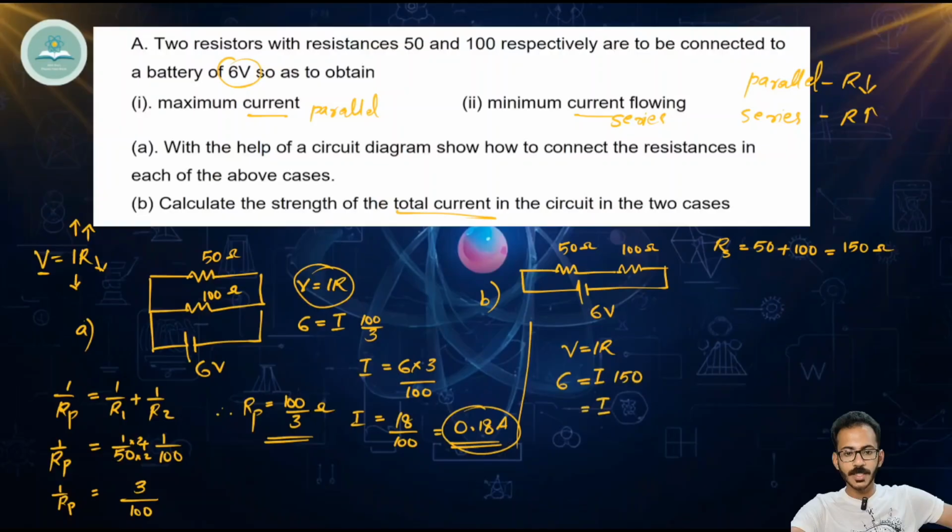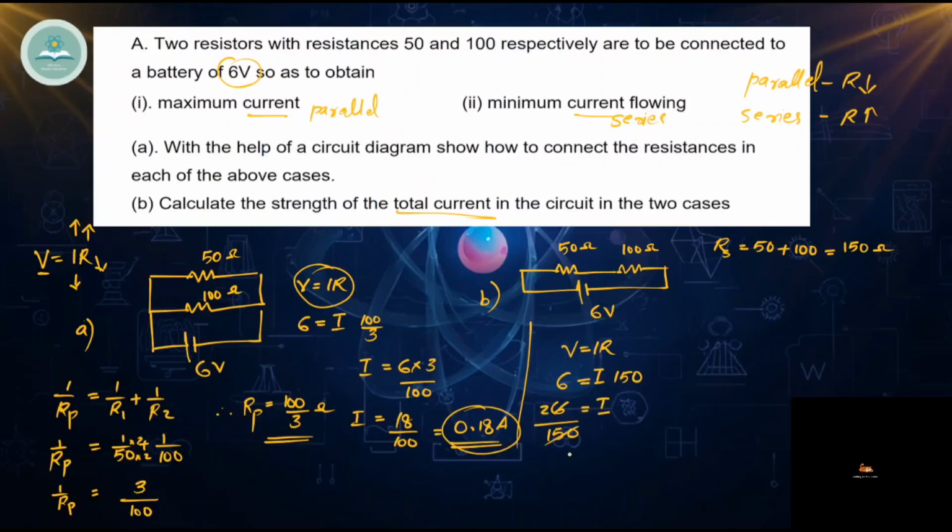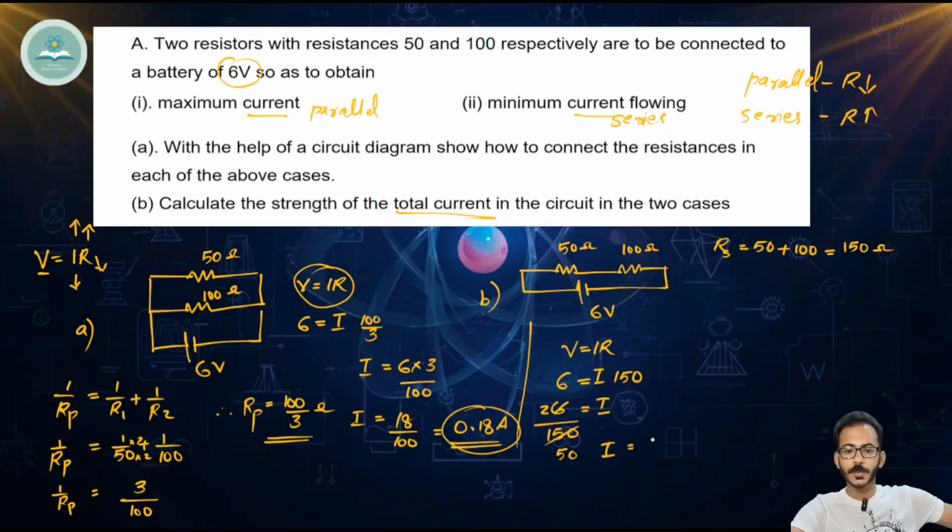So I is equal to 2 divided by 50, that is equal to 1 by 25. If we want to write in decimal form, it is 0.04 ampere. So this is the current here.